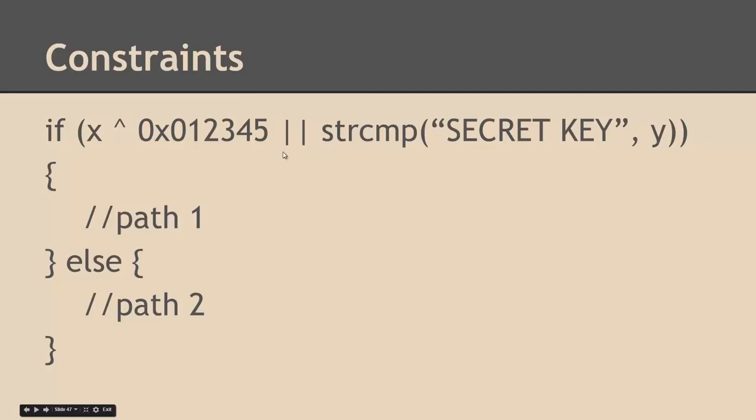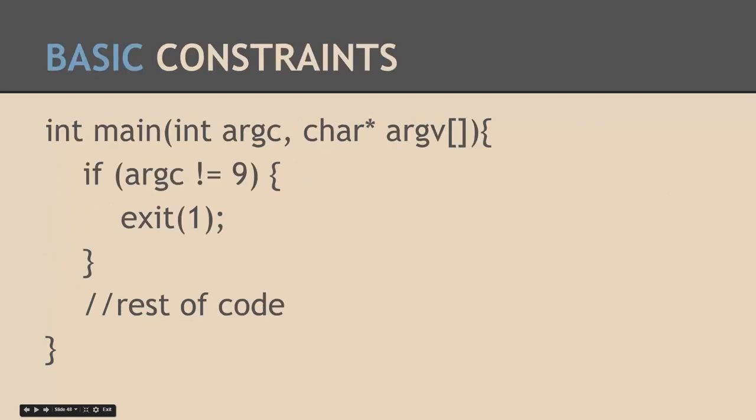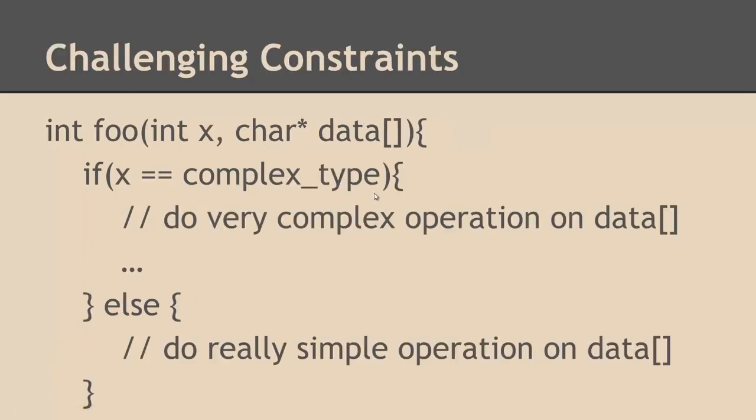There's ands, ors, etc. As I said earlier, this is a basic example, checking whether or not there is the proper amount of input to the application. However, the constraints in general get more challenging.